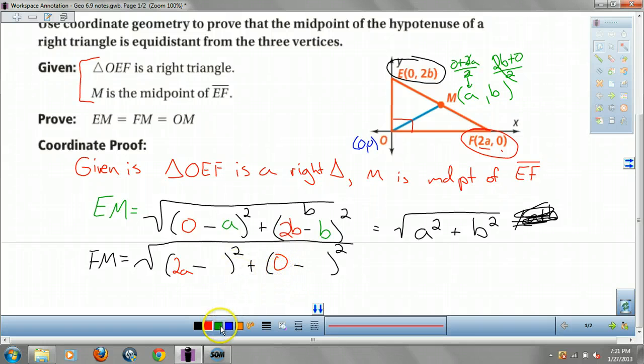Now I'm going to plug in my endpoints. Endpoints are a, b. You can see they're up here too. 2a minus a is a. 0 minus b is negative b. So we get a squared plus negative b squared, which is positive b squared.